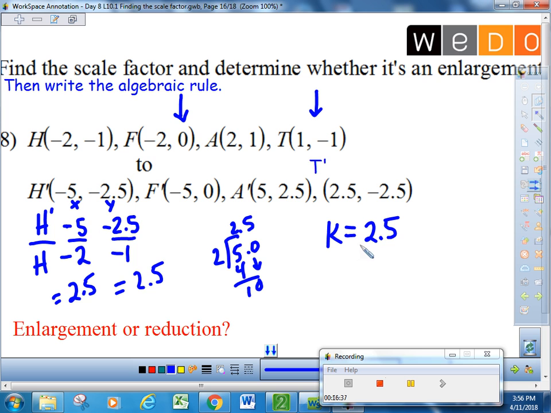Is this an enlargement or reduction? Tell your shoulder partner. You should have said enlargement because it's greater than 1. And then go ahead and write your algebraic representation.